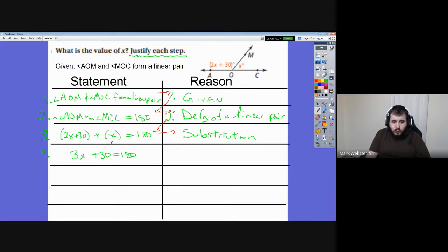And what did I do to go from here to here? What did I do to be able to write 3x plus 30? Well, didn't I say that when you combine like terms, that's the distributive property?